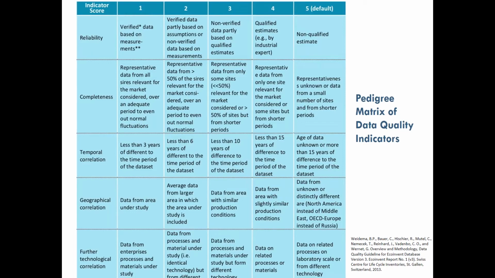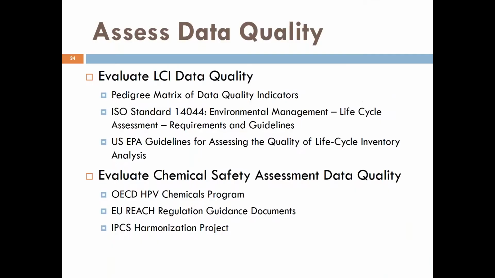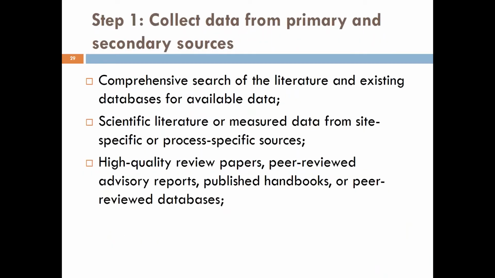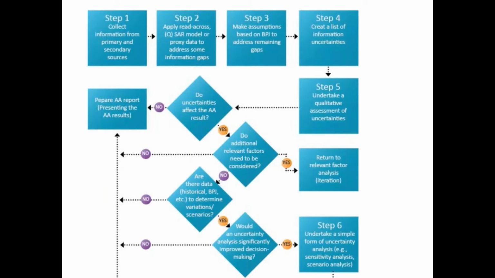Is the assumption then that you would have some kind of assessment of every piece of data? These are recommended steps, and at least to my understanding, this level is necessary. At this level, step 5, based on your qualitative assessment of uncertainties, if the uncertainties will not affect your conclusion in your AA report, then you stop right there.